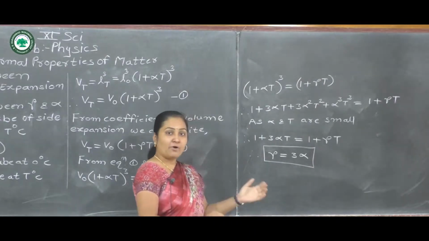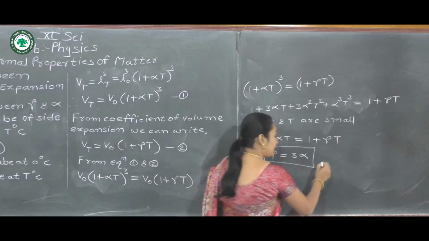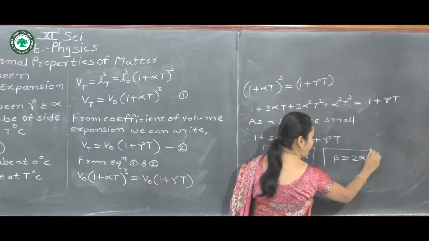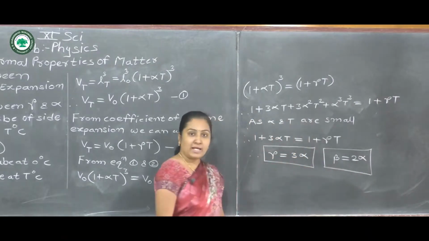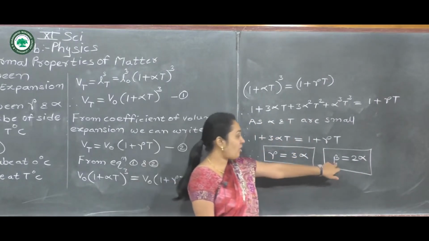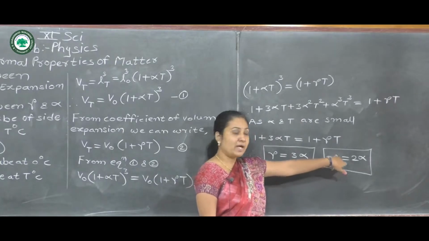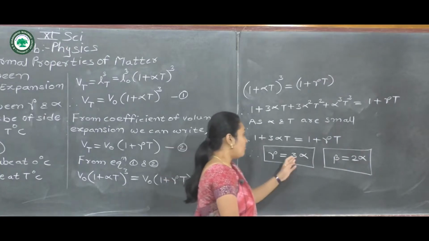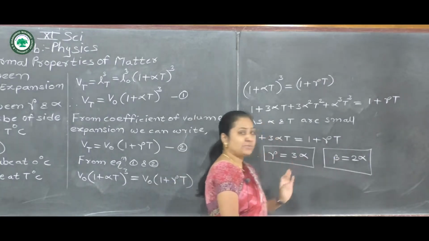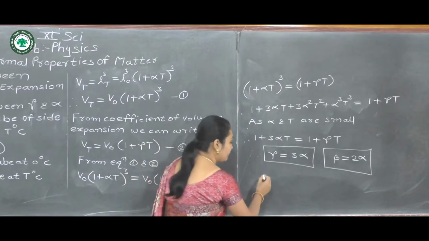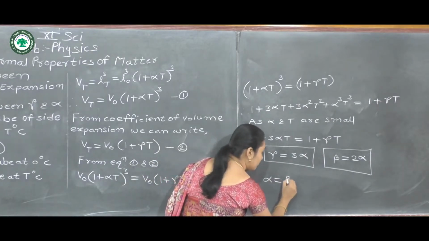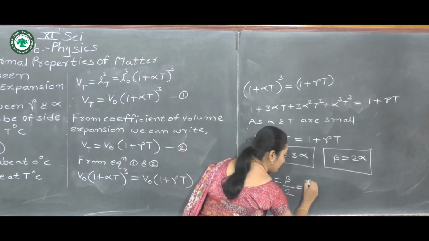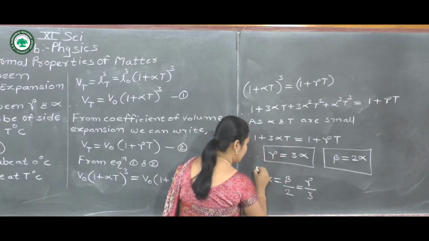Similarly, we have found beta is equal to 2 alpha, the relation between the coefficient of areal expansion and the coefficient of linear expansion. Now from these two equations we can write alpha is equal to beta upon 2, which is equal to gamma divided by 3.